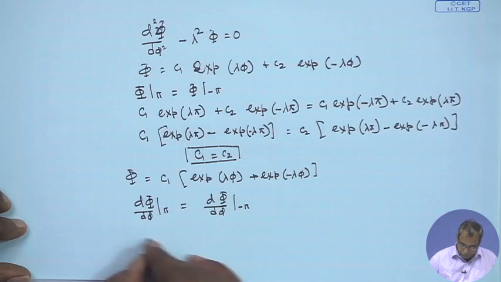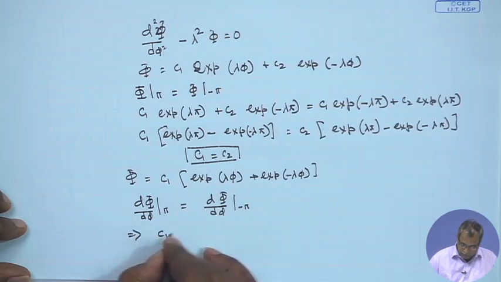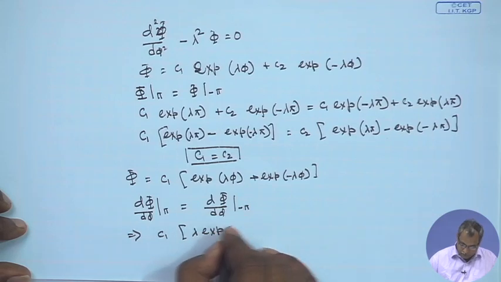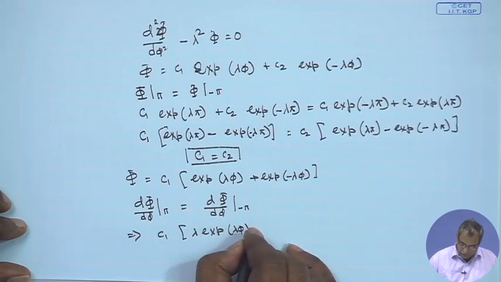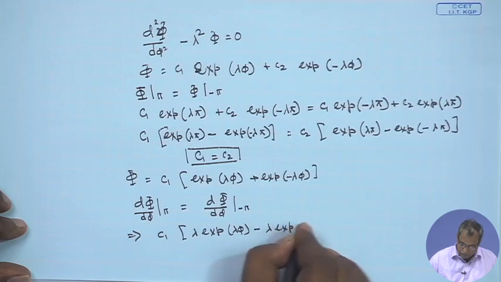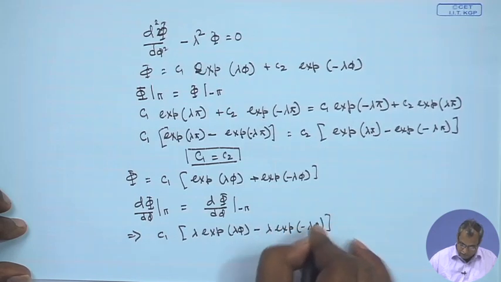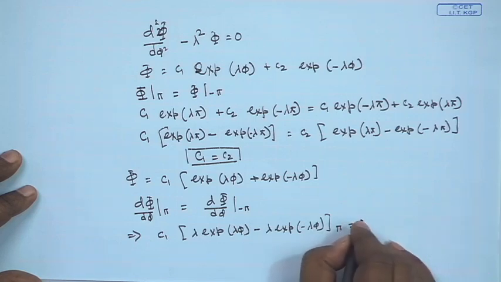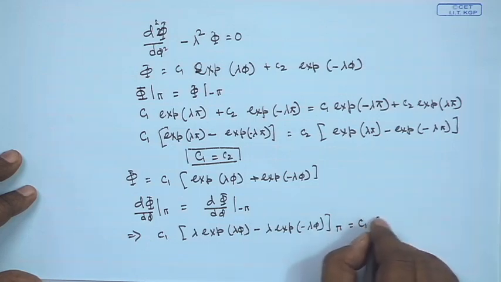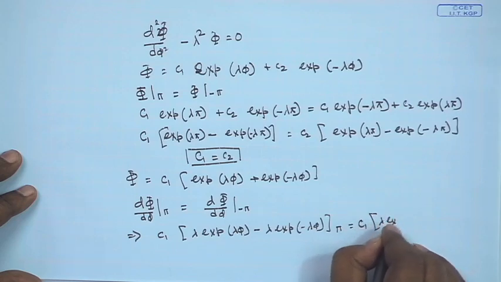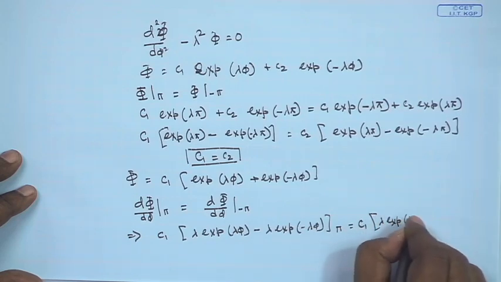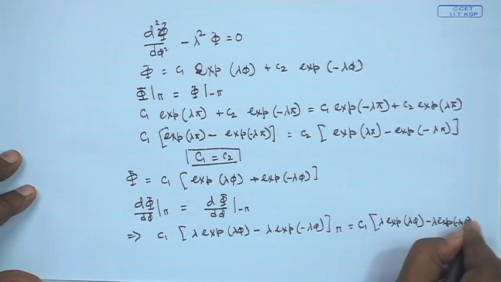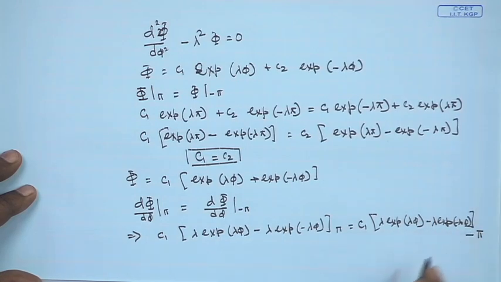So, this will become C1 lambda exponential lambda phi minus lambda exponential minus lambda phi evaluated at pi, and here it will be C1 lambda exponential lambda phi minus lambda exponential minus lambda phi evaluated at minus pi.